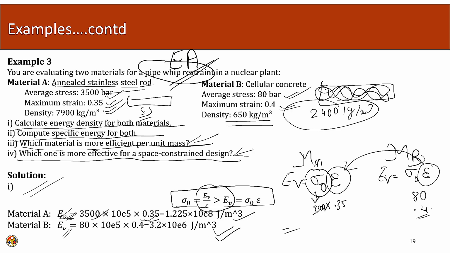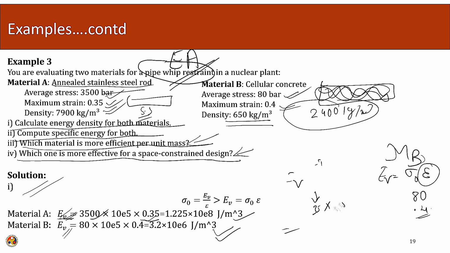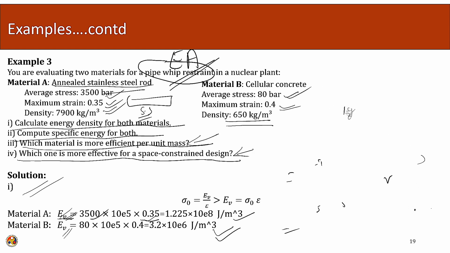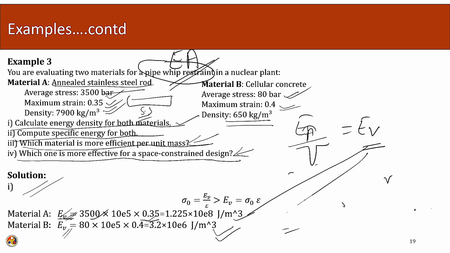So, if we compare the materials in the sense of total volume, then material A is more efficient than material B. The energy density is the total energy absorbed per unit volume, given by EV. Looking at the two numbers, we can say that by the EV criteria, material A is more efficient than material B.